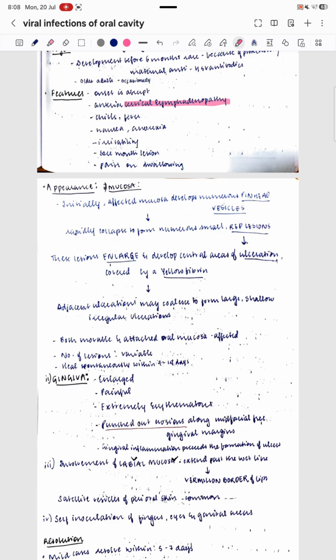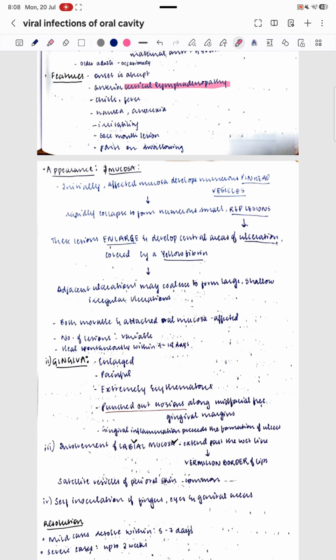These red lesions then enlarge, and when they enlarge, they coalesce or collapse again and form enlarged central ulcerations. These ulcerations, which are adjacent to each other, also may coalesce to form even larger ulcerations, which are usually coated with a yellow fibrin layer.